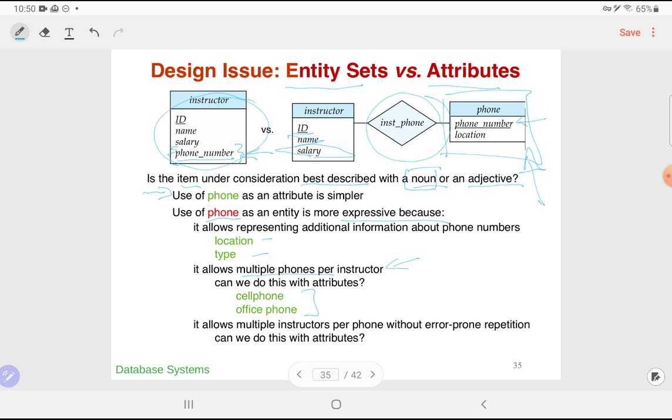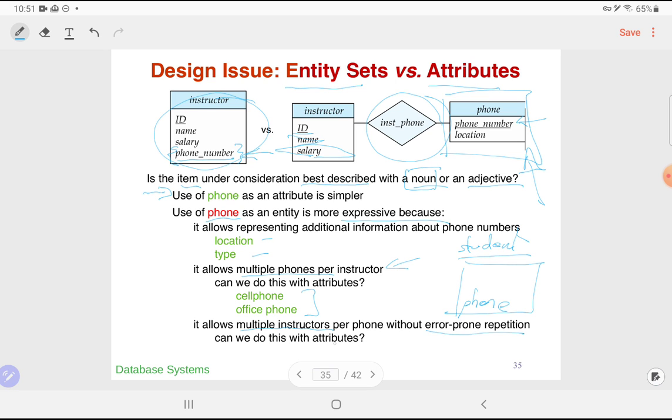It allows multiple instructors per phone also. Now, that might be slightly unusual, but suppose we were talking instead of instructors, students, and students were in graduate offices, and there were 3 students in a graduate office, or maybe 20 because they're housed in a shared lab facility, for example. Then having an attribute phone number would be probably undesirable because that will be repeated.